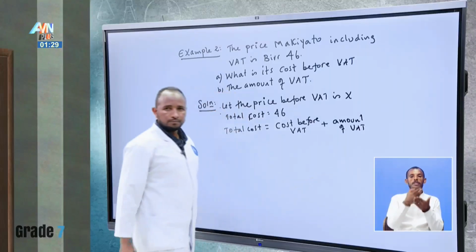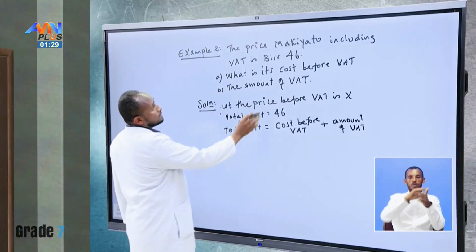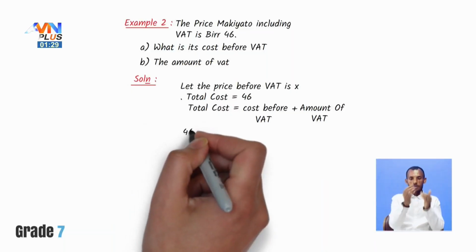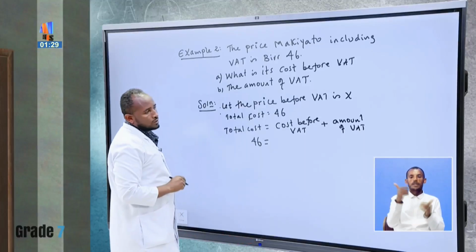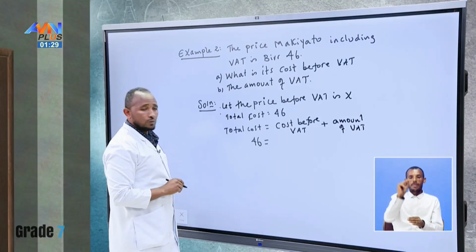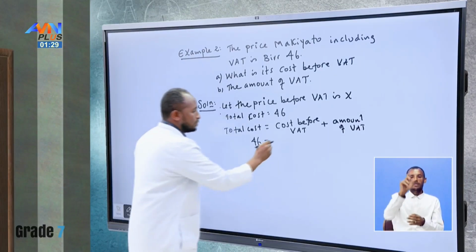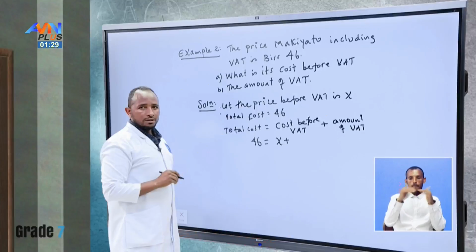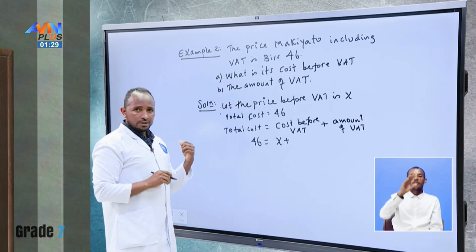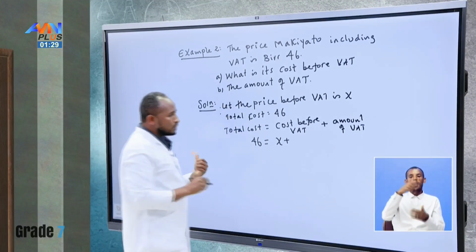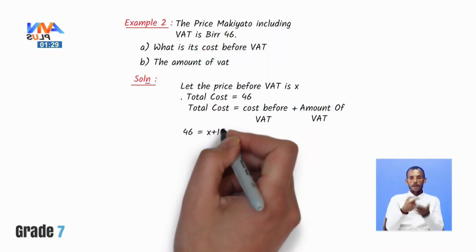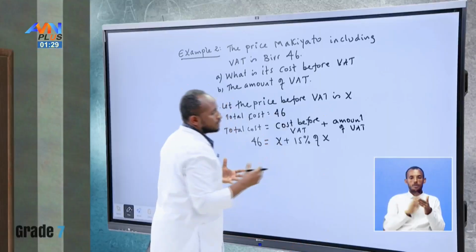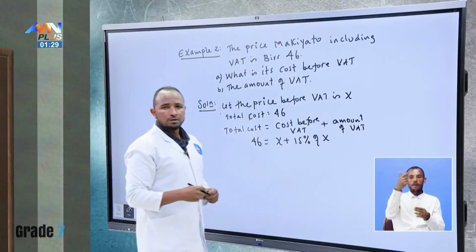This is the equation. So 46 is equal to the cost before VAT, which we assume to be X, plus the amount of VAT, which is 15% of the original cost, which we said is X.